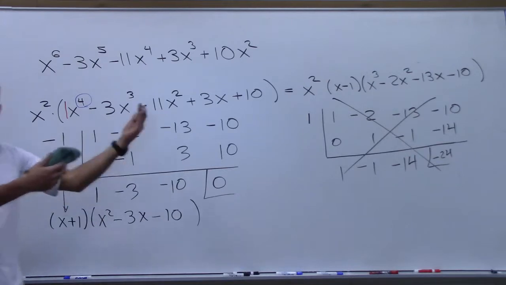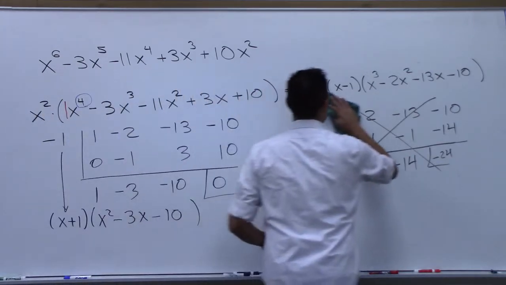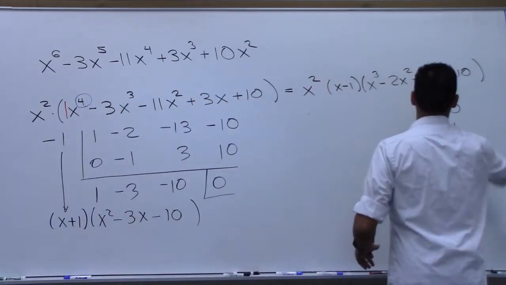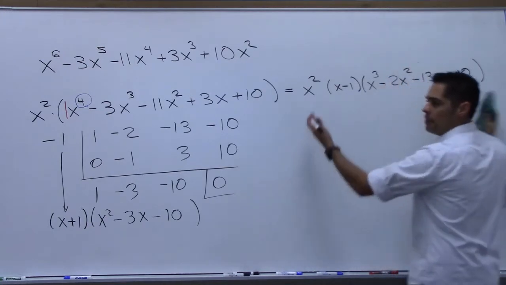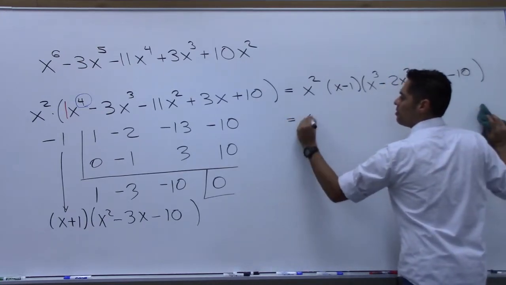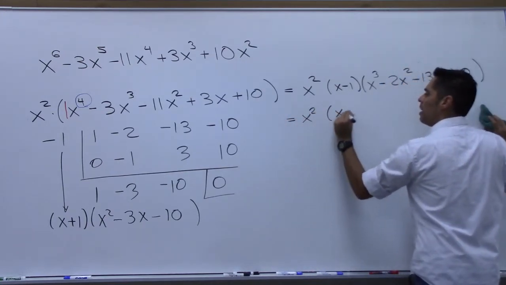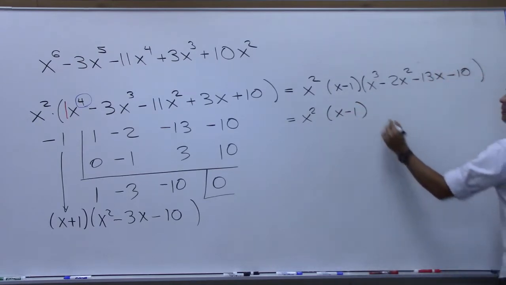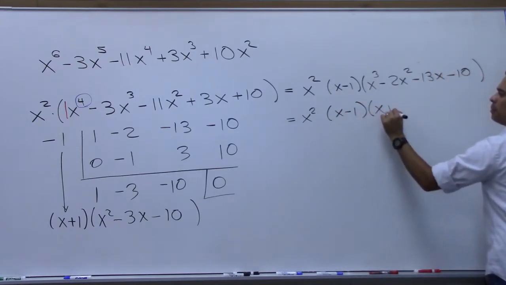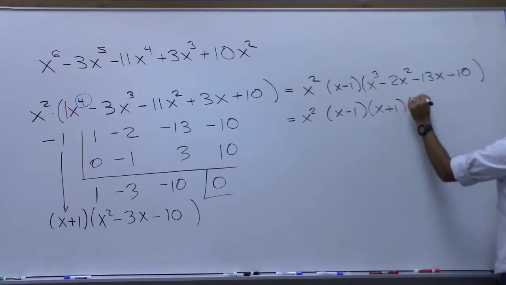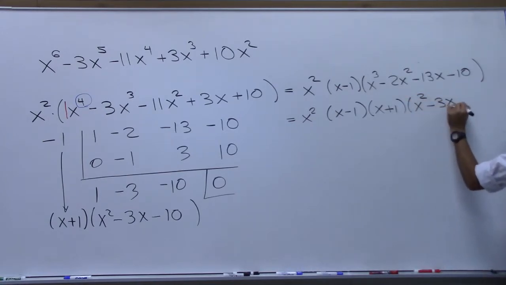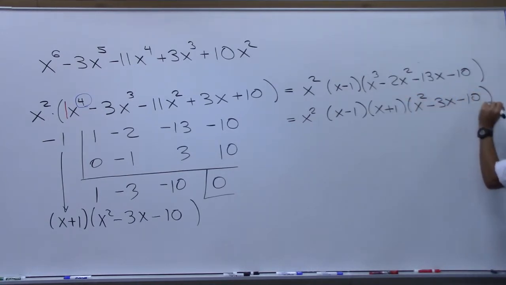So now I'll go back and rewrite the polynomial. I'm back over here. Right, this right here becomes x squared, x minus 1, then x plus 1, x squared minus 3x minus 10, right? That's where I am now.